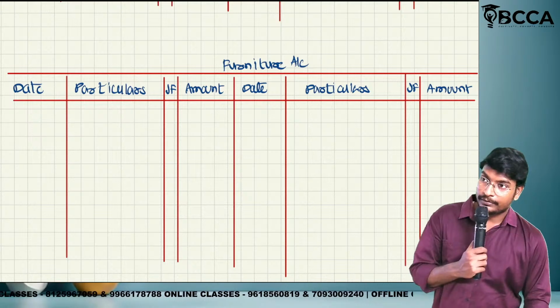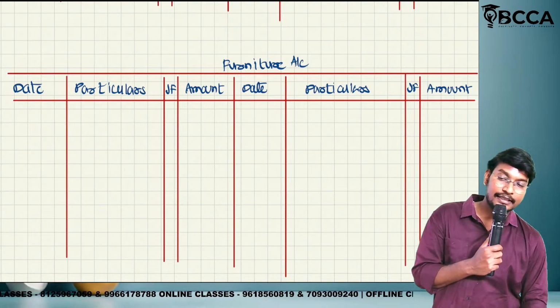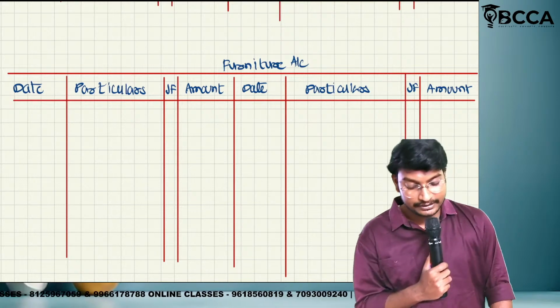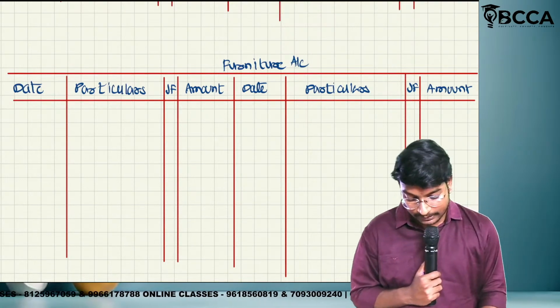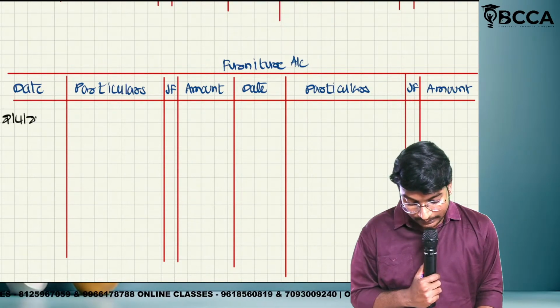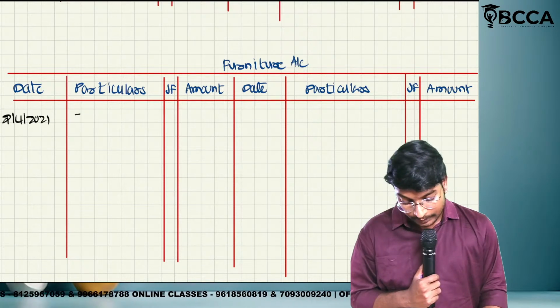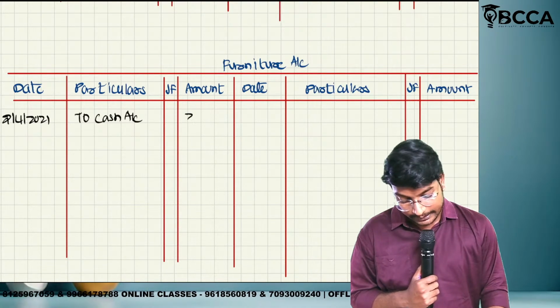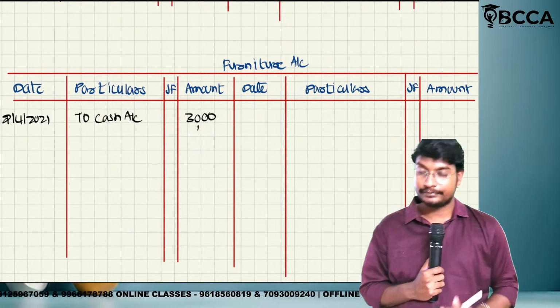Which account do we need to open? Furniture. So furniture is debited or credited? Furniture is debited, so we need to record on the debit side. Okay, guys. What is the date? 2nd April 2021, to cash account, 3,000 rupees.